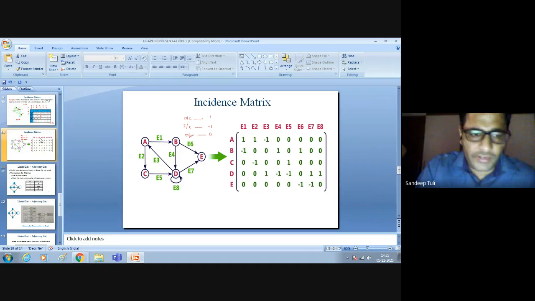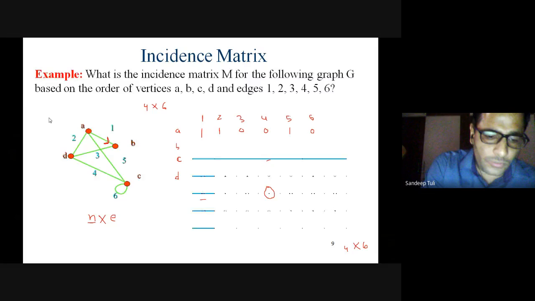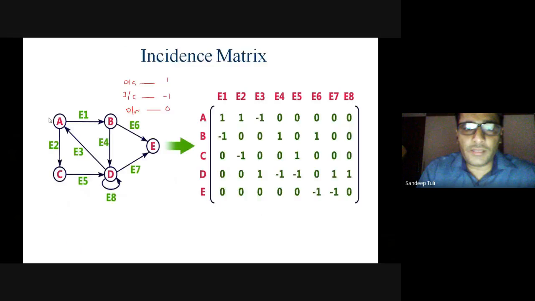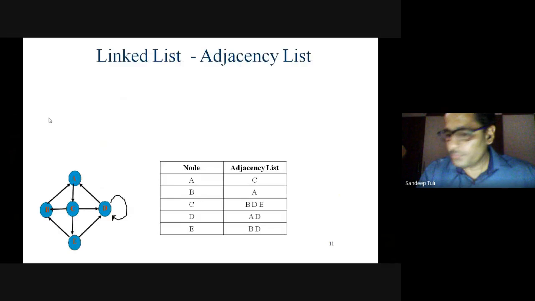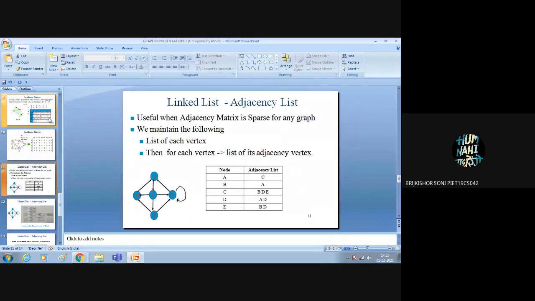I will give the example over, okay, and then you will do it on your own. आपके ऊपर छोड़ता हूँ, मैं एग्जांपल दूंगा आपको. So is it okay now for the incidence matrix? Any doubt till now? No, sir. Yes, sir, it is okay.